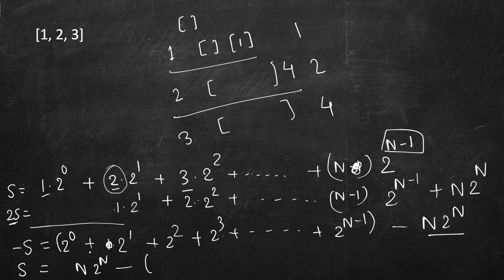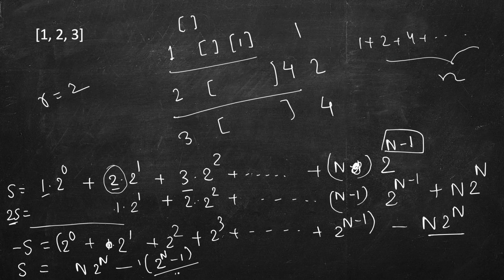So what is the sum of this? Here the first term is 1. It's 1 plus 2 plus 4 plus, and there are in total n terms. So a is 1, the common ratio r is 2, each increasing by a factor of 2. So the sum is 2 raised to the power n minus 1 divided by 2 minus 1, that is 1.